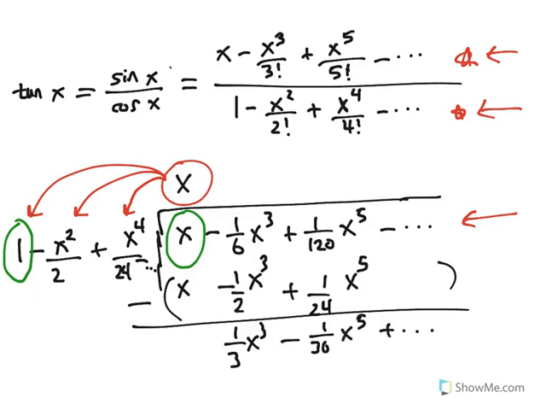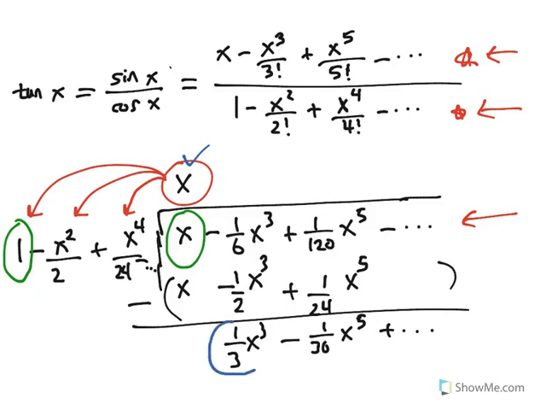And of course this goes on, but I don't really need to worry, again, because I only want the first 3 non-zero terms in the Maclaurin series for tangent of x. And I already have the first non-zero term, and I just need 2 more. So I continue with the algorithm.